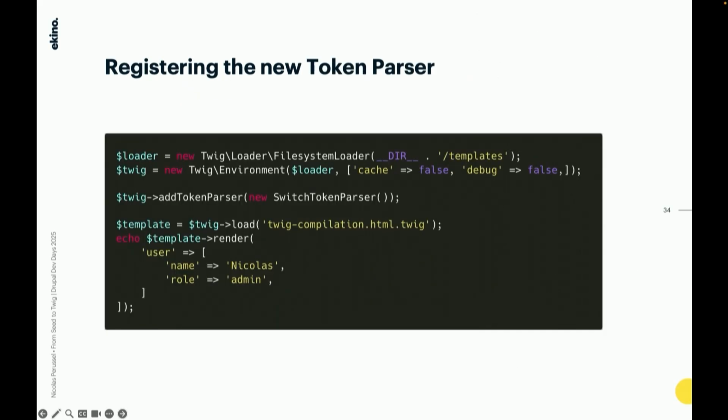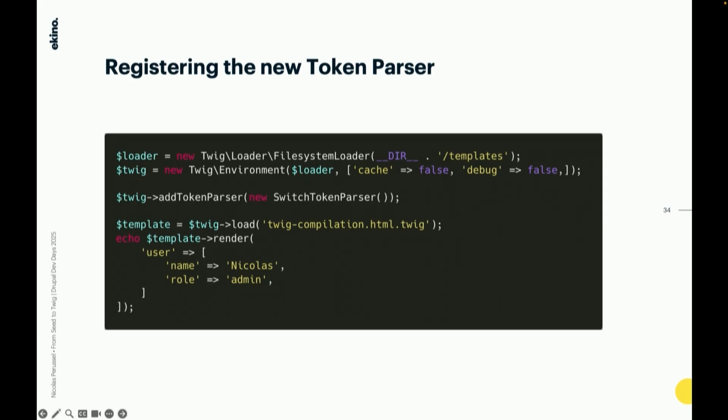After that, we just need to register our new parser in the Twig environment. There are two methods to register your new switch token parser. The first is, if it's just a token parser, you can use the addTokenParser method on the Twig environment.